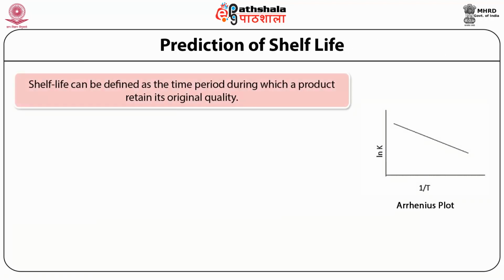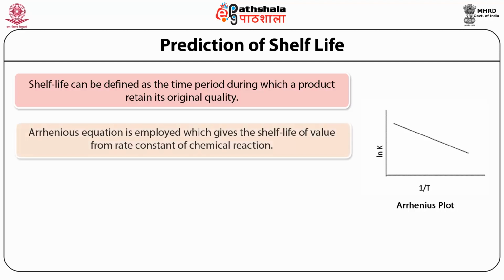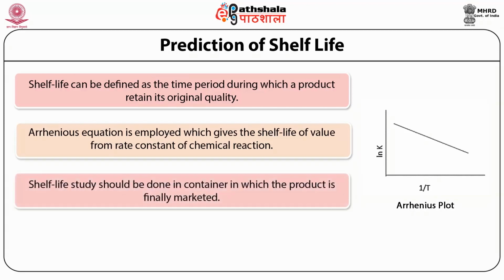Shelf life can be defined as a time period during which a product retains its original quality. Arrhenius equation is employed, which gives the shelf life value from the rate constant of a chemical reaction. Shelf life study should be done in the container in which the product is finally marketed.